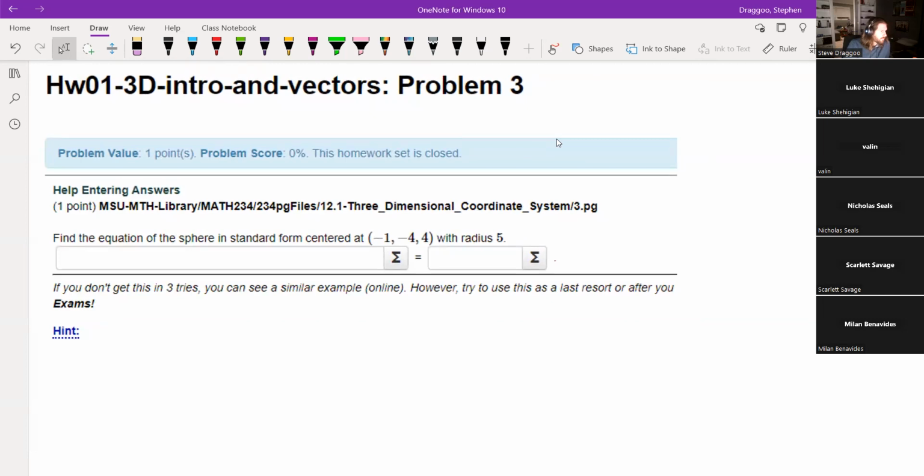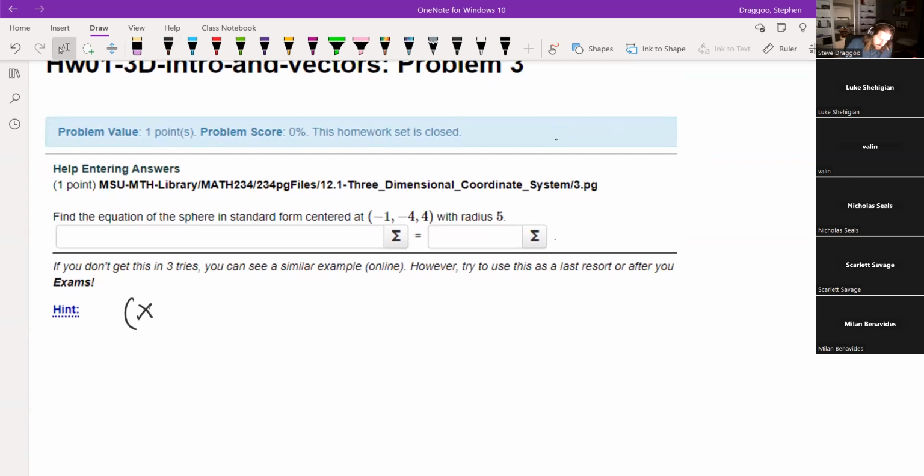Okay, the first one I want to do, 3D from the very first homework set. And I'll try to keep these problems in order. Finding the equation of a sphere in standard form, centered at (-1, -4, 4) and with a radius of 5. Just to remind us, the equation of a sphere looks very similar to the equation of a circle, just with a z term added in.